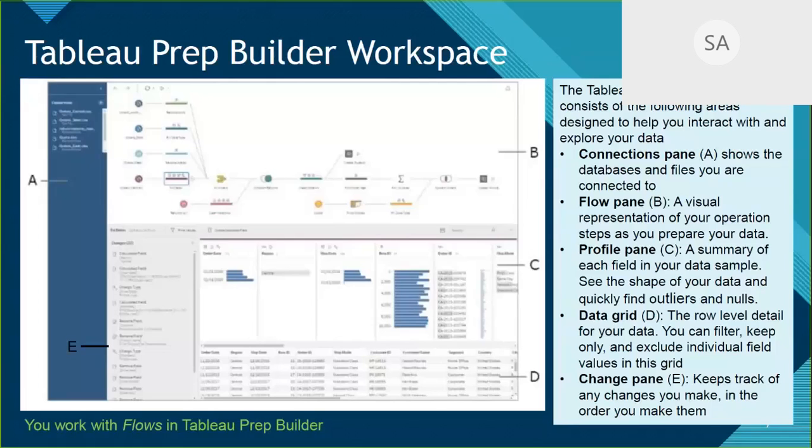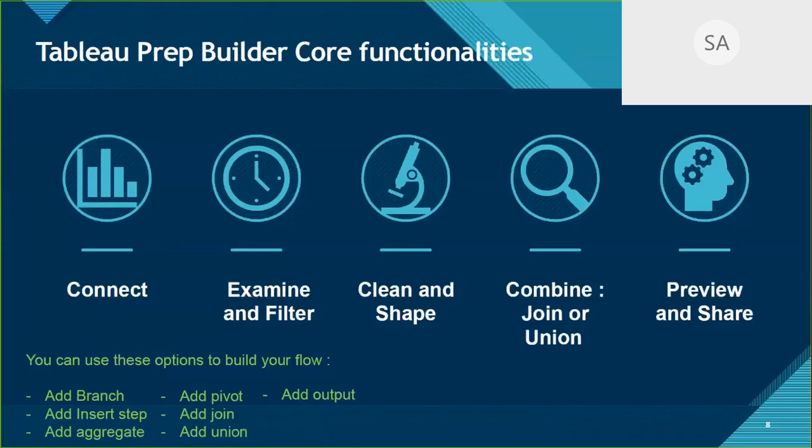So usually when you work with Tableau Prep Builder, these are the different work areas which you would interact with to explore, clean, and transform your data. Okay. Then of course, these are the core functionalities.